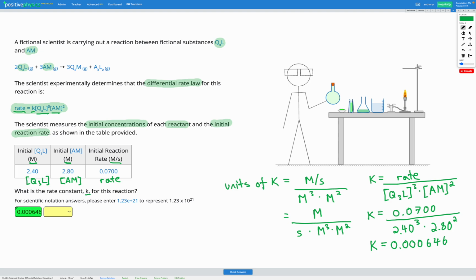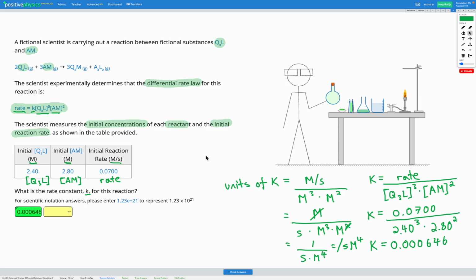So my molar on the top is going to cancel out with one of my molars on the bottom, and I'm left with 1 divided by seconds times molar to the power of 4. So that's my unit. It's going to be per second molar to the 4.